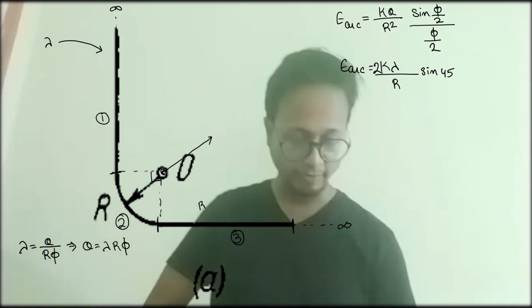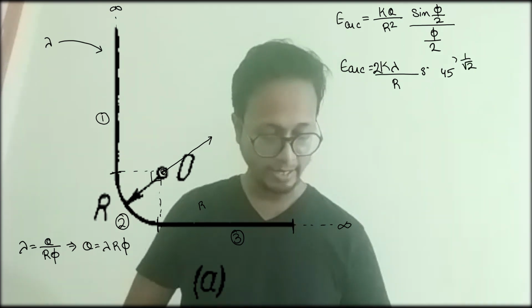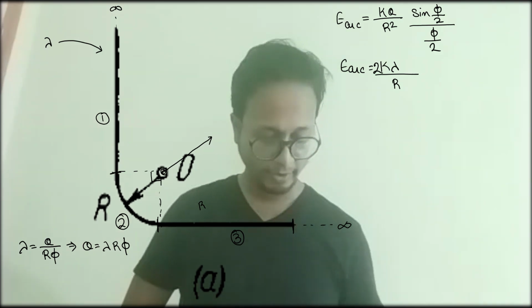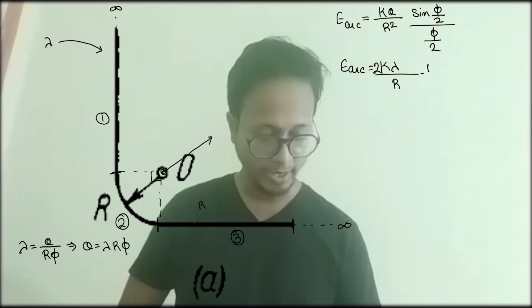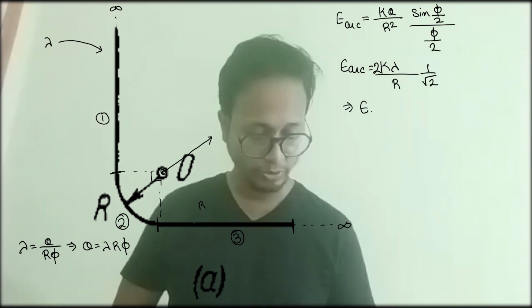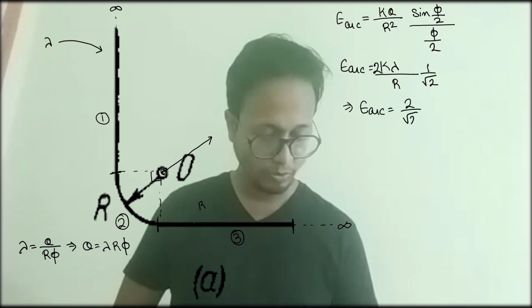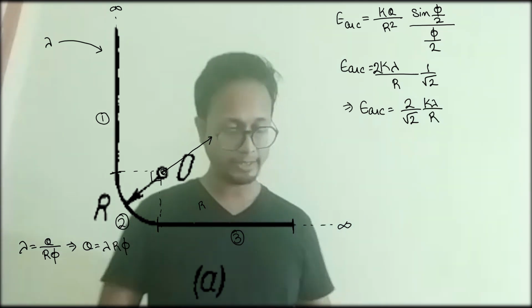So if you put 1 by root 2 here, the electric field due to the circular arc would be 2 by root 2 k lambda by r, isn't it?